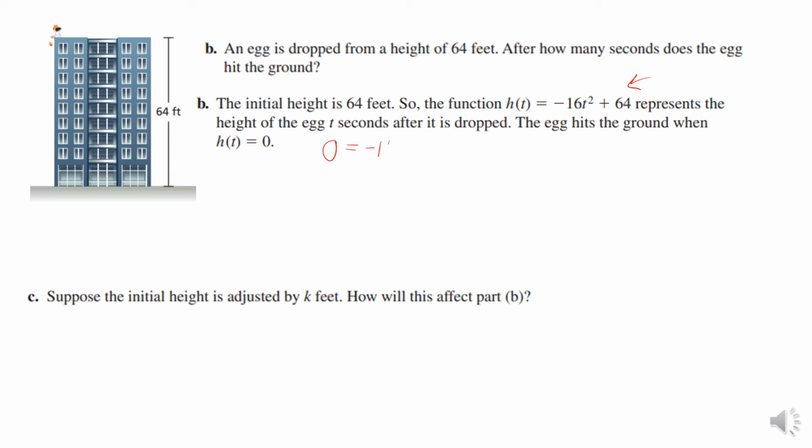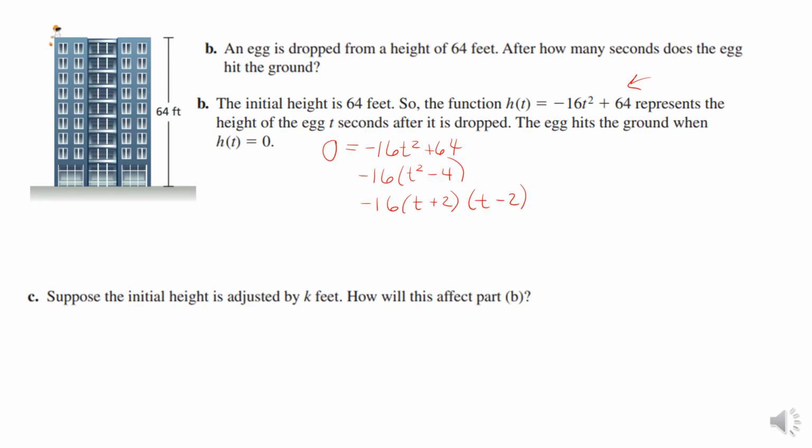So we're going to factor this. We're going to factor out a negative 16, and we get t squared minus 4. Okay, that means we get negative 16 times t plus 2 and t minus 2.